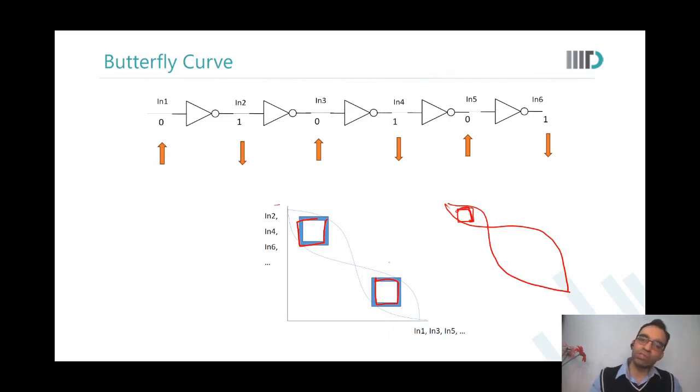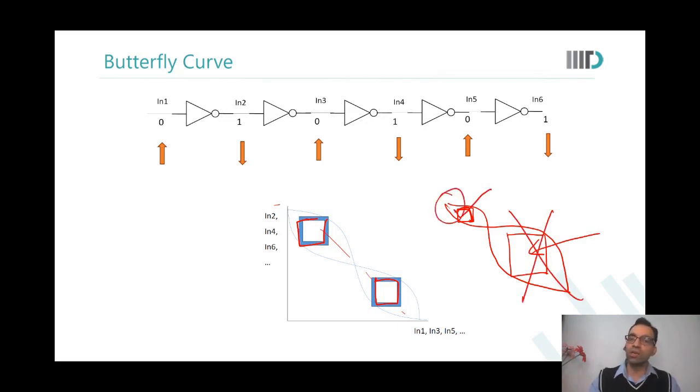Because I have shown you symmetrical lobes, the noise margin on both sides is the same. But you can come across cells where the lobes are asymmetrical. So you may say this is the noise margin. No, this is the noise margin. Because if this was the data that you were storing, only this amount of noise could toggle it into the other side. Are you able to see this?